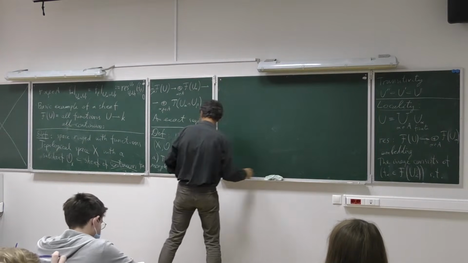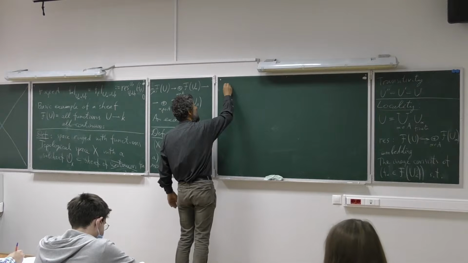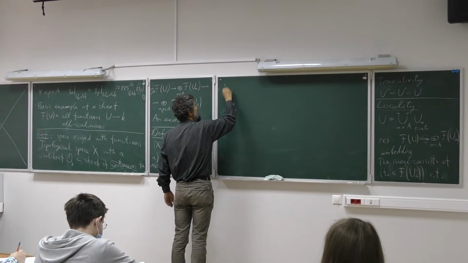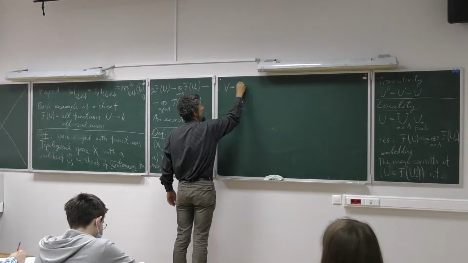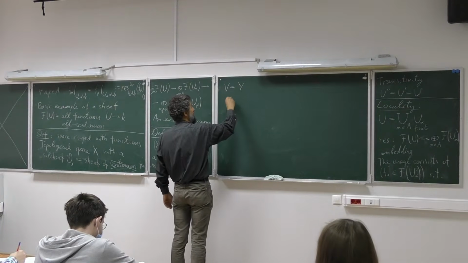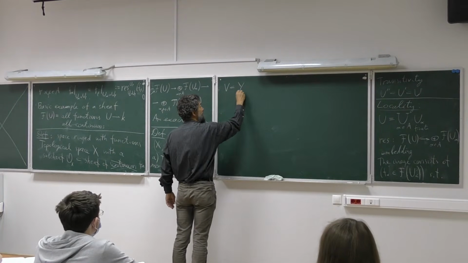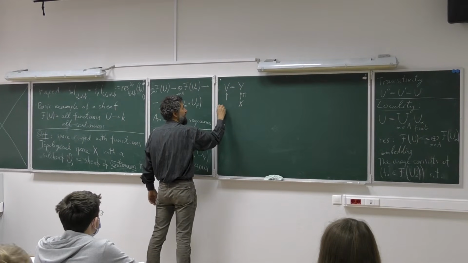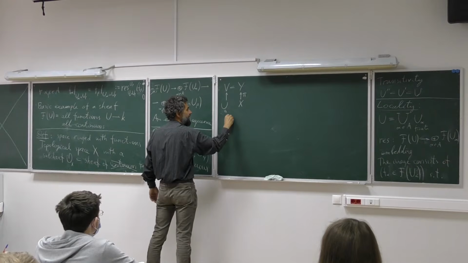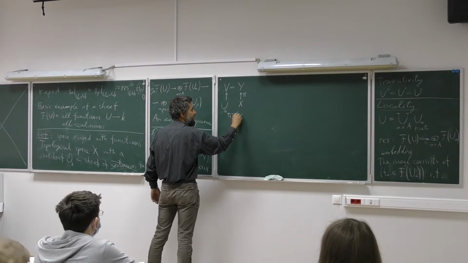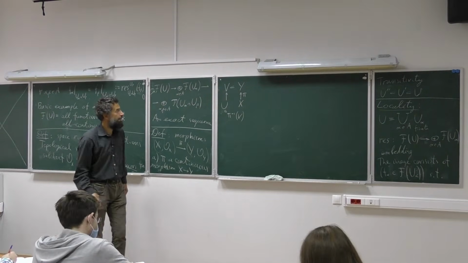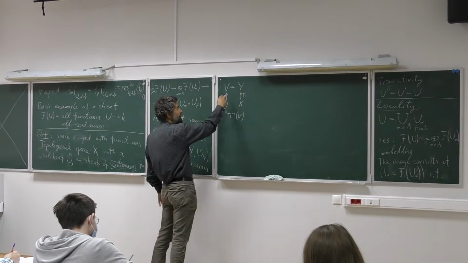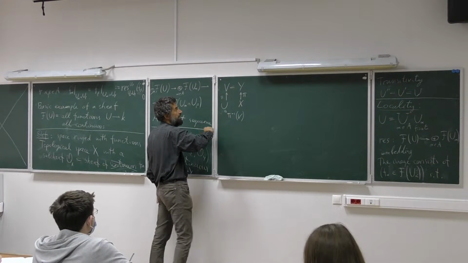So if you have an open subspace V inside Y, then you have U that is the preimage of V, and you can pull back your functions.